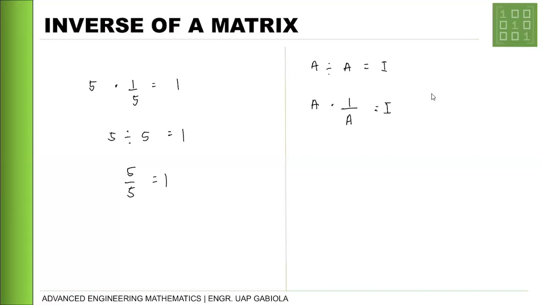So, kung 1/A yan, by applying law of exponent, ano equivalent ng 1/A kapag gusto natin siyang i-gawing numerator form lang. Okay? So, pwede natin sabihin A times A negative 1. So, applying yung law of exponent natin, itong A raised to -1, ito yung tinatawag nating inverse ng matrix natin.